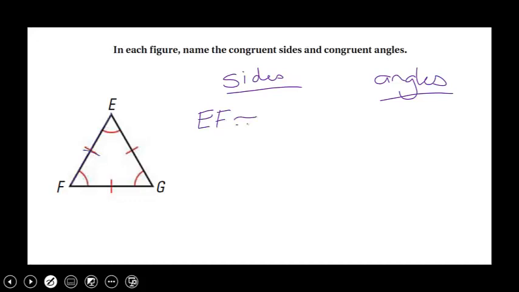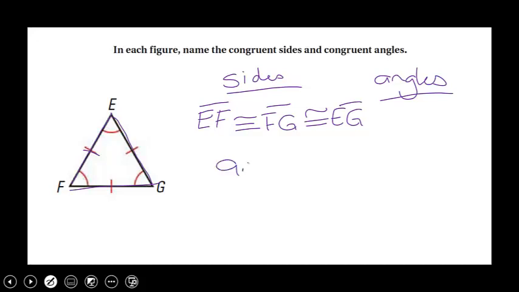That one is congruent to FG, which has one slash, but it's also congruent to EG or GE. In other words, all three sides are congruent to each other, and therefore this is an equilateral triangle.